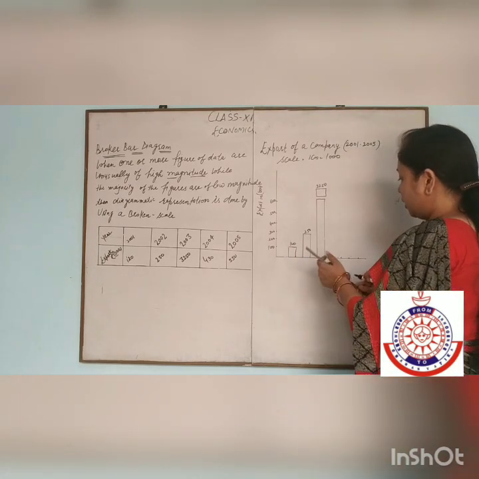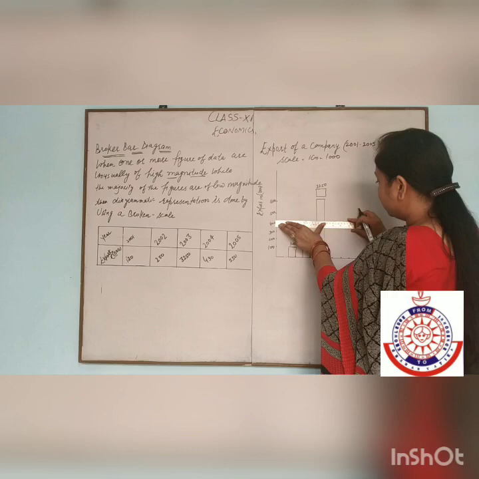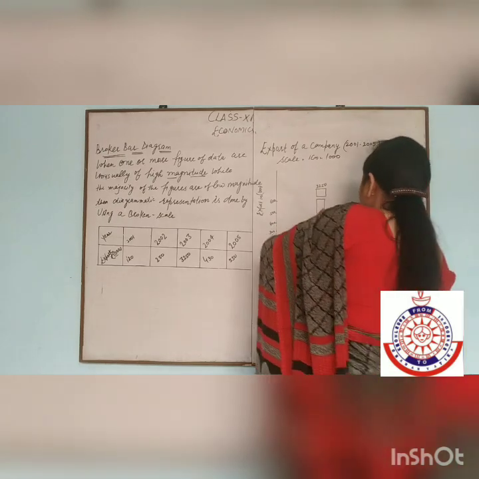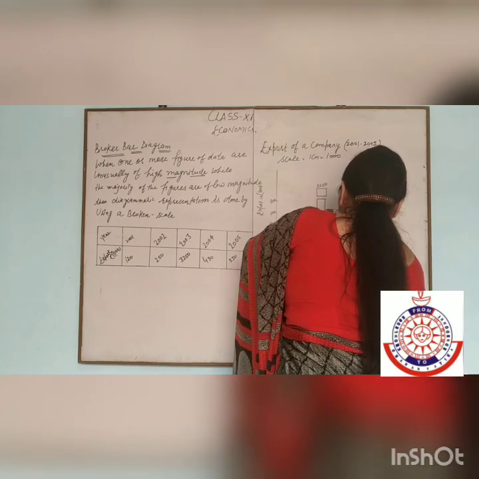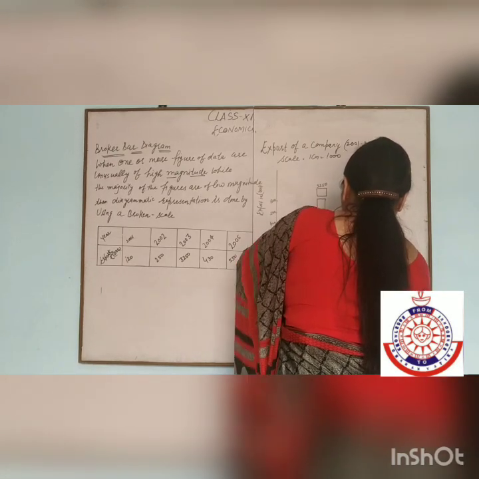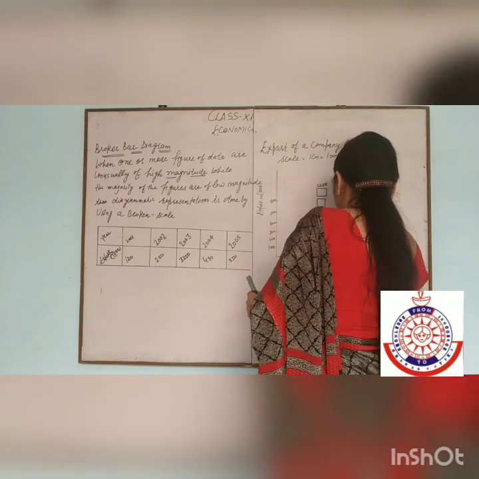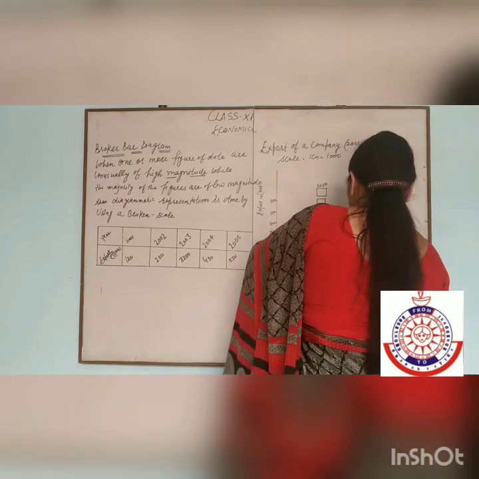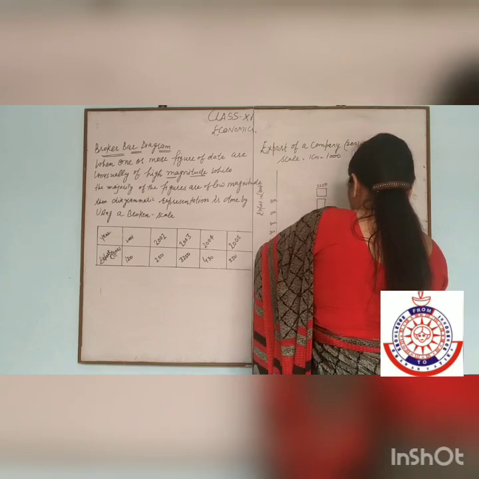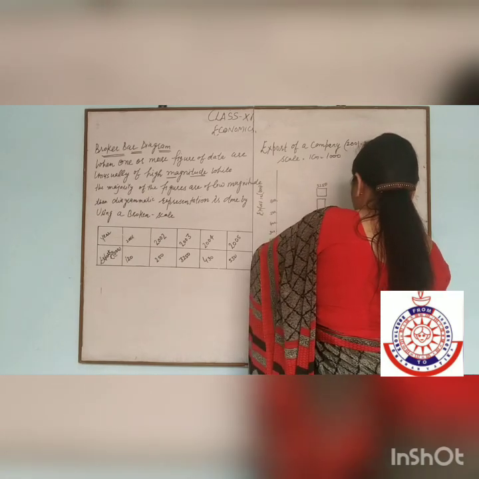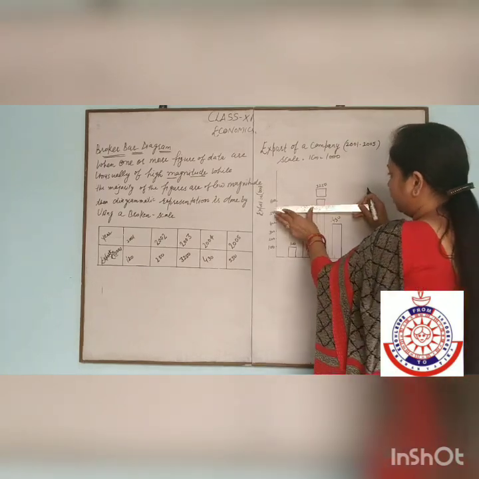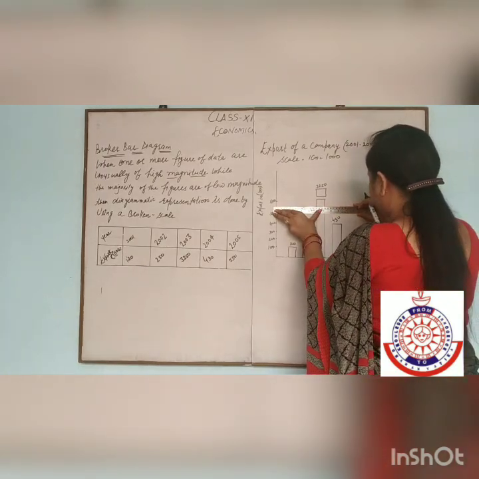Then 430, 430 is lying here. We will take 430. This is our 430 and last is 550.